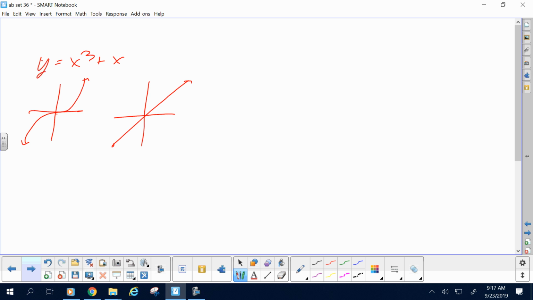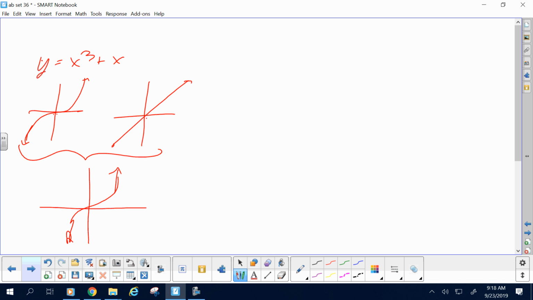Keep that in mind when I put them together, Frankenstein's monster kind of thing. When I put those together, they're definitely going to want to do this and this. But you're going to find the combination function here is not going to even want to take a flat spot. And that's probably why you were getting confused, because you weren't actually finding a place where the derivative is 0. Did you get the big ideas of calculus in part B, okay?